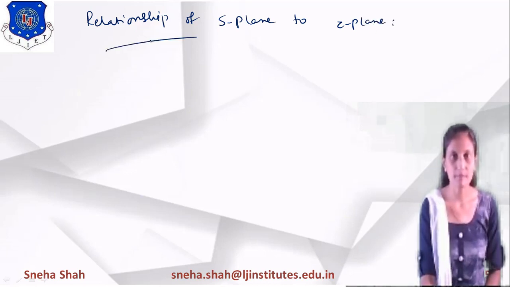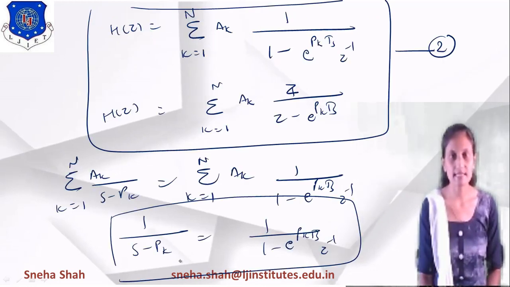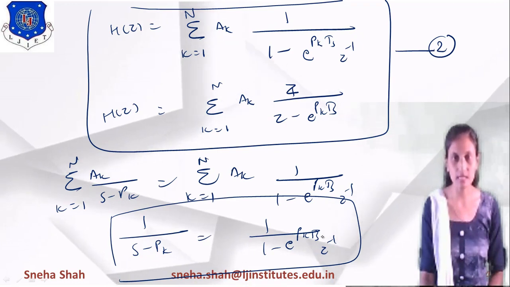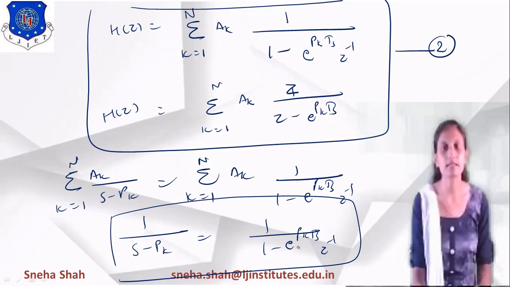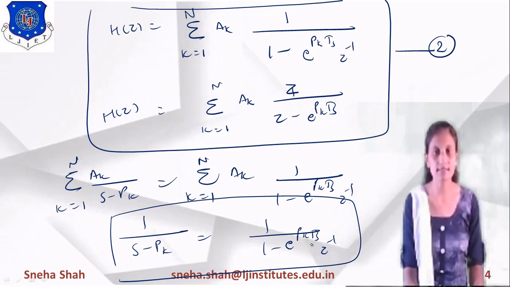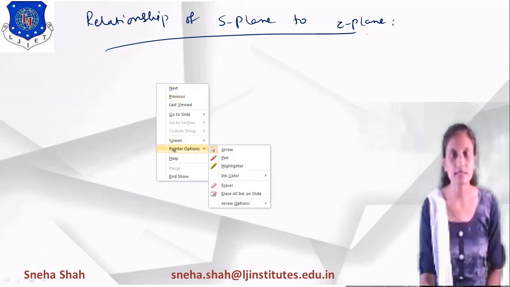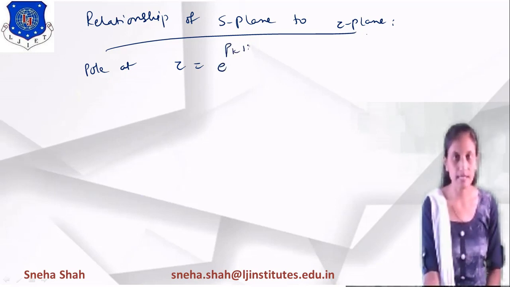It means mapping between these two planes. If we are doing mapping between these two, you can see from the last slide where the pole is. If I am taking z equals e raised to pk ds, then at that point we derive the pole position of this digital filter, right? So what is the value of the pole for the digital filter? The pole will be located at z equals e raised to pk ds.